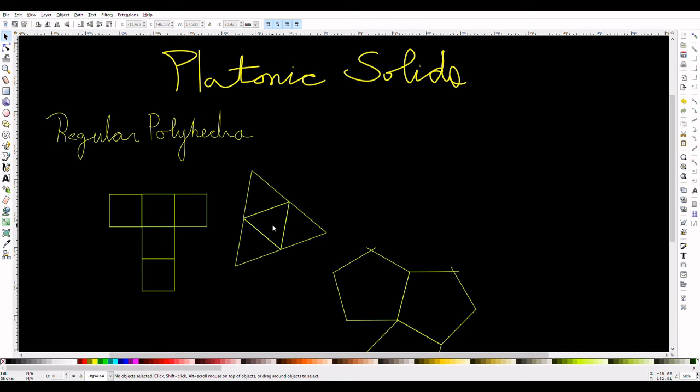So using triangles, squares, and pentagons, what are the other polyhedra we can make? Can we make one using 6 squares? Yes, we've already done that. One, two, three, four, 5. Oh, I'm making a mistake. Let's see.